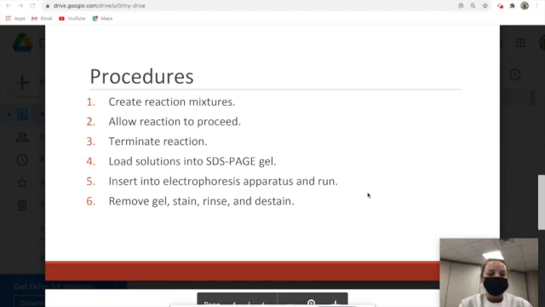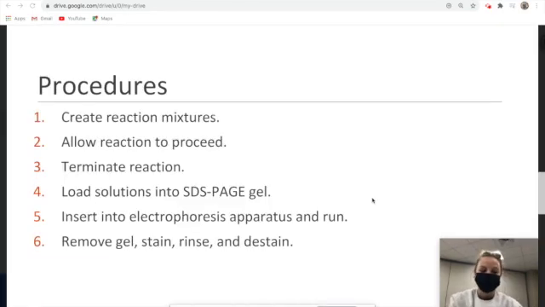And then you're going to add the solutions to create the reactions. For the first test tube for the second experiment, you are going to add 10 microliters of buffer, 10 microliters of the DUPB, and 10 microliters of the RAB 33B and ubiquitin complex.